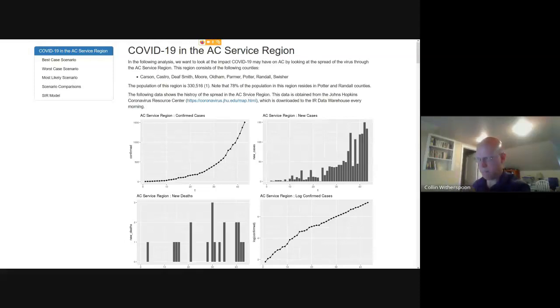So we are just now starting to hit the exponential part of an infectious disease outbreak. We are just now hitting where we're going to see significant increases in the number of people infected each day.